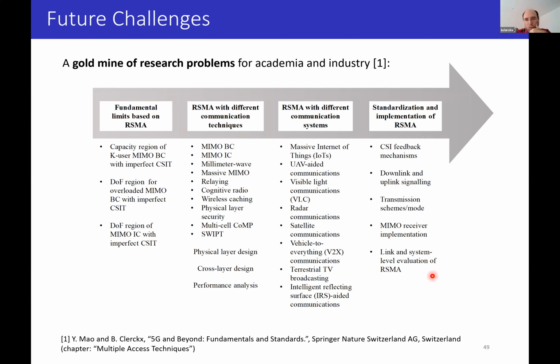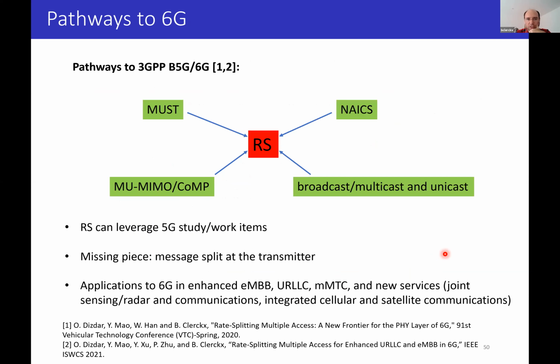And then you have a lot of issues on standardization and implementation, because some of these lead to standardization changes, not significant, but some of them are needed to enable these kinds of techniques. So how can we do that in beyond 5G and in 6G? Well, we can leverage what we have already in 5G. Lots of things have been discussed on MUST, so multi-user superimposed transmission, which is a form of NOMA.